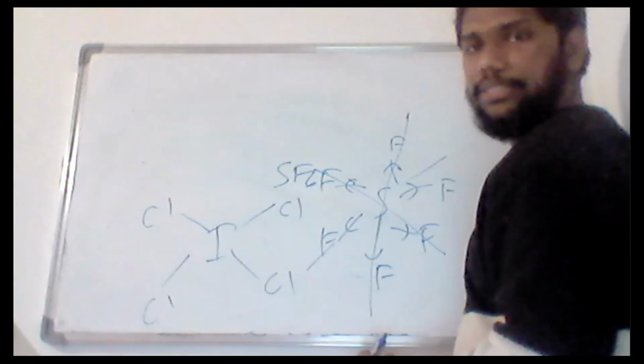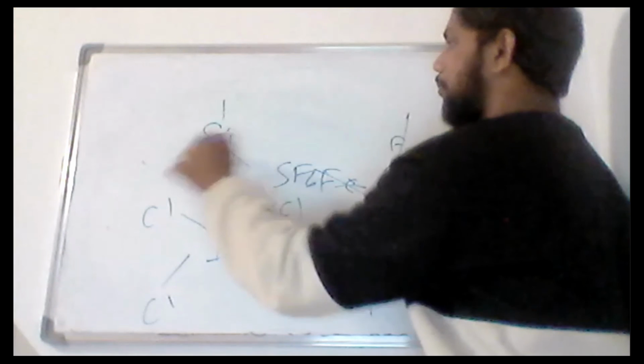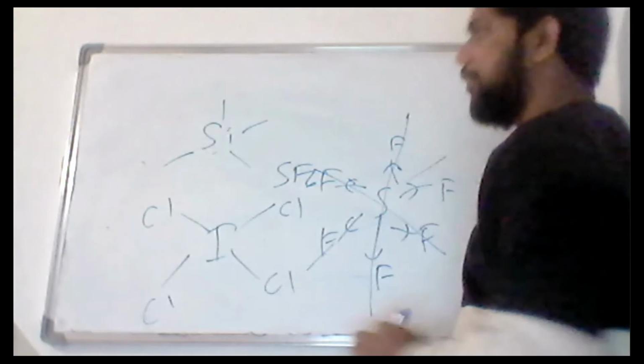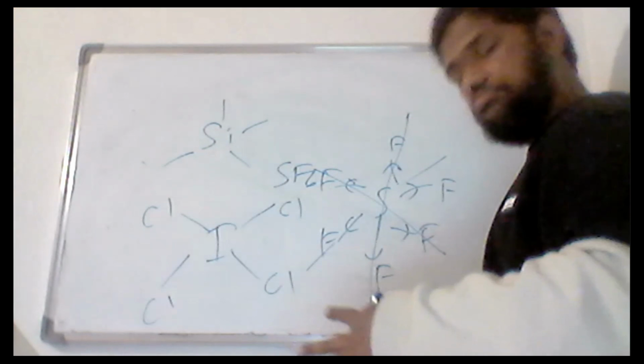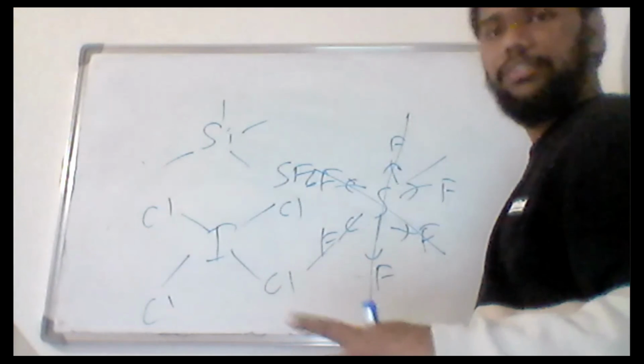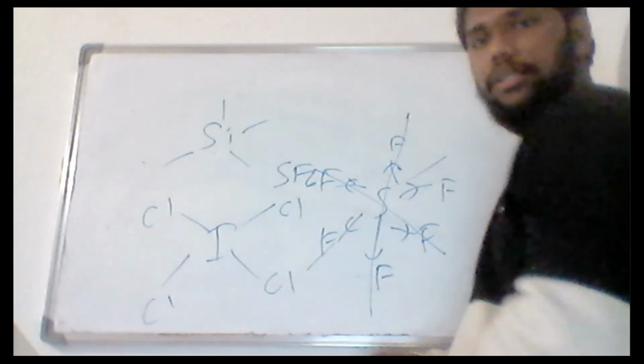So it will be like this at the end of the day when you put the charge as well. Then SiCl4. It is also very similar. Even though it is a tetrahedral structure, it pulls from four directions, so there is no net dipole moment. So try to understand this.